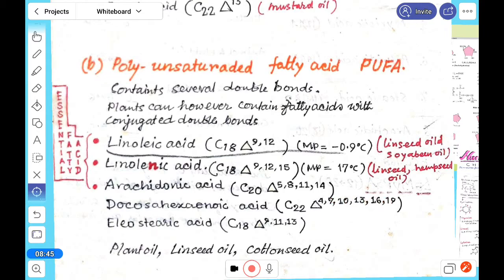It is said that a larger number of double bonds means a good fat for the human body. So these three are called essential. It means they have to be taken from outside, and they are available in plants and some other sources.